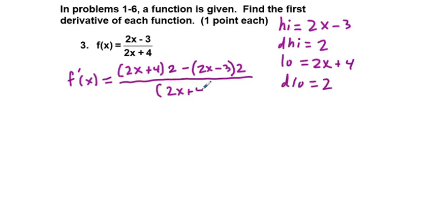And so to do this low squared, we have to wrap that 2x plus 4 inside parentheses. And so now, really, it's just a matter of cleaning up our numerator.